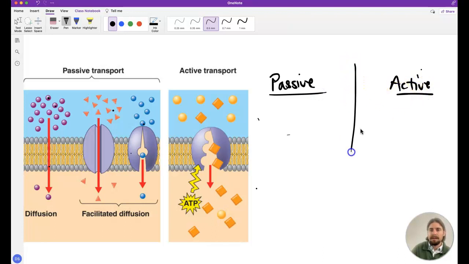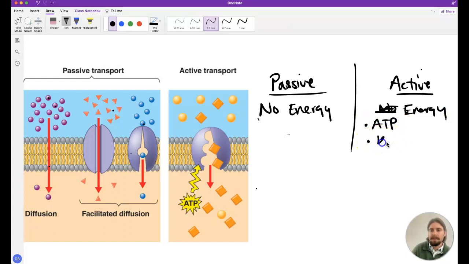As you may have already been able to guess, a major difference between the two is the lack of requirement of energy for passive transport and the requirement of energy in active transport. Now I want to be clear that the primary mode of energy is ATP, but we can also use kinetic energy. For example, we can use electrons as a form of energy. And so ATP is not the only source of energy in active transport.